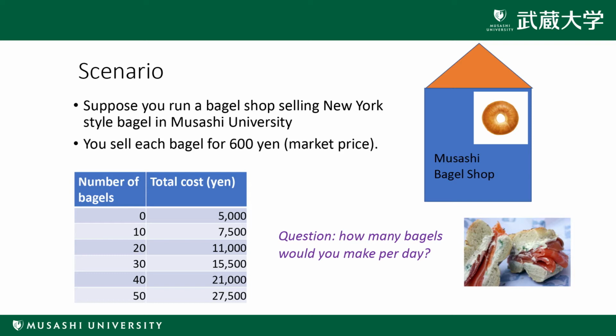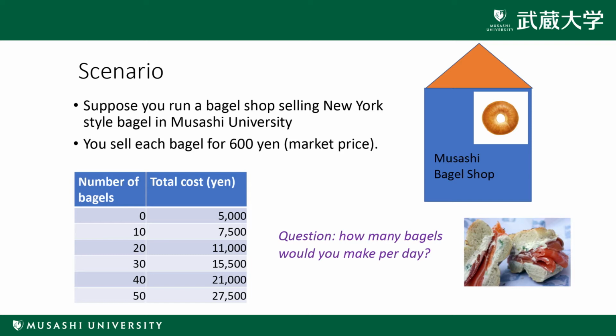So this red dot. And the total cost of producing 20 bagels is going to be 11,000 yen. This is all in terms of Japanese yen. And the total cost of producing 0 bagels is still 5,000.